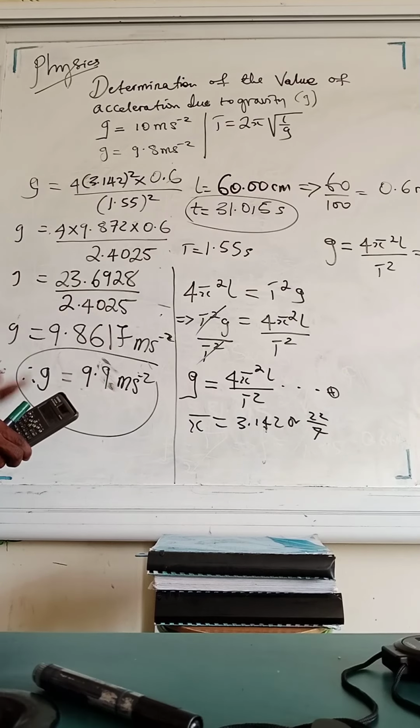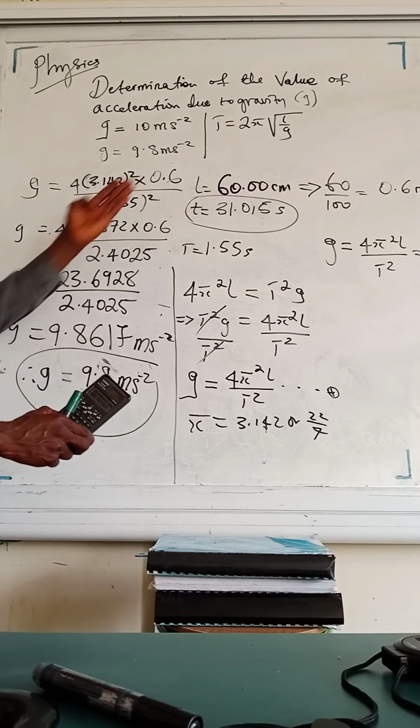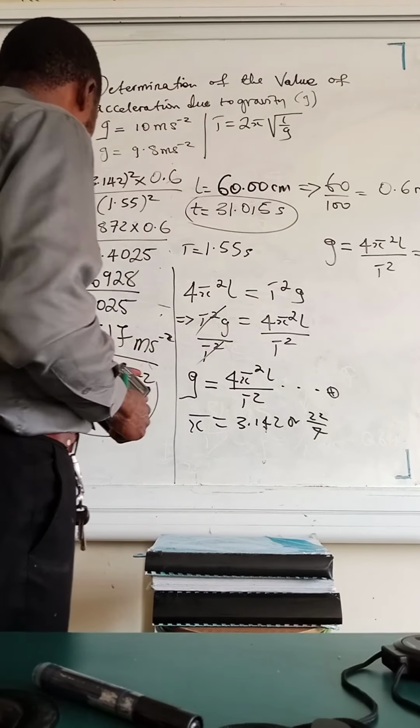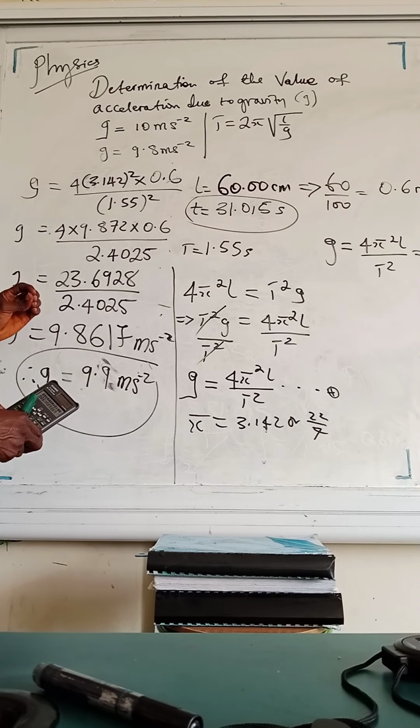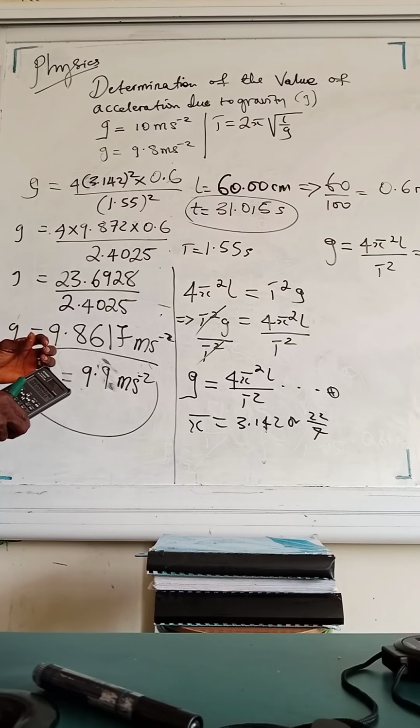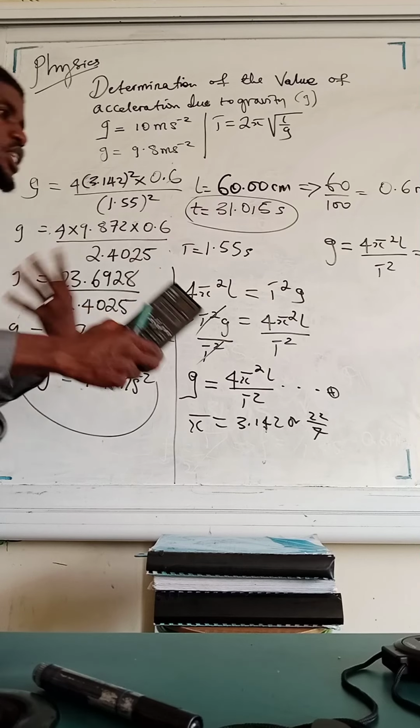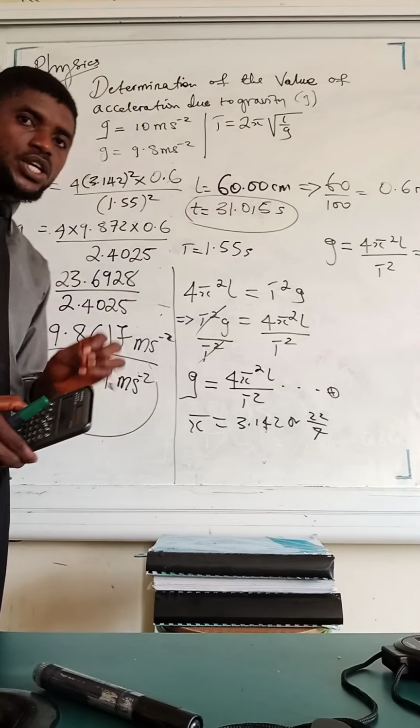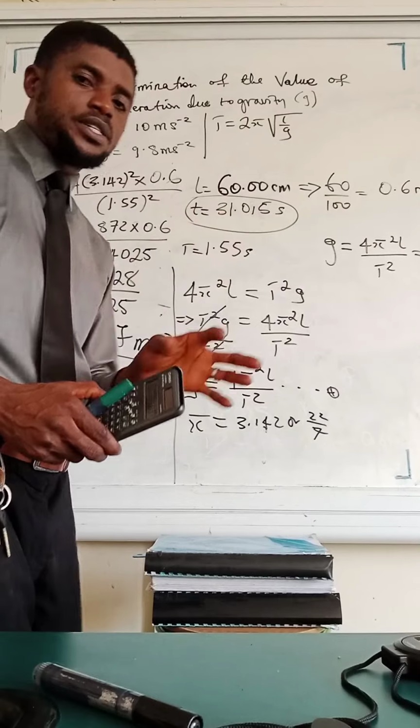So this is how to determine the value of acceleration due to gravity using this equation and the simple pendulum experiments. One thing I want to quickly comment on is the angular frequency or the angular velocity.